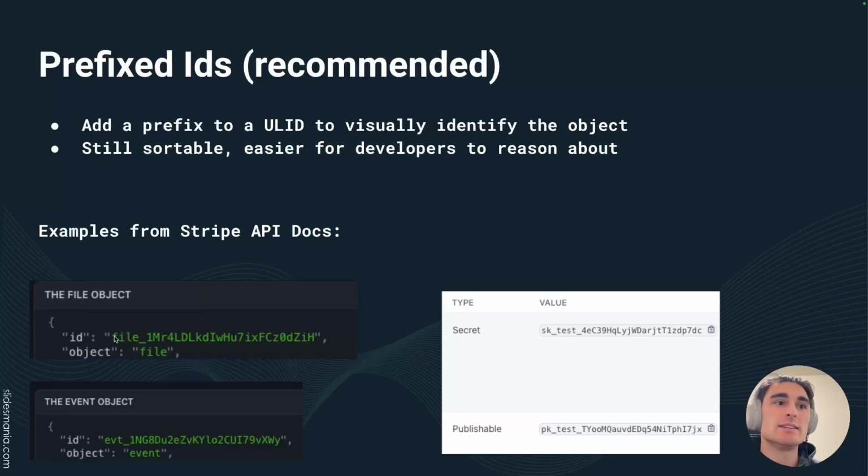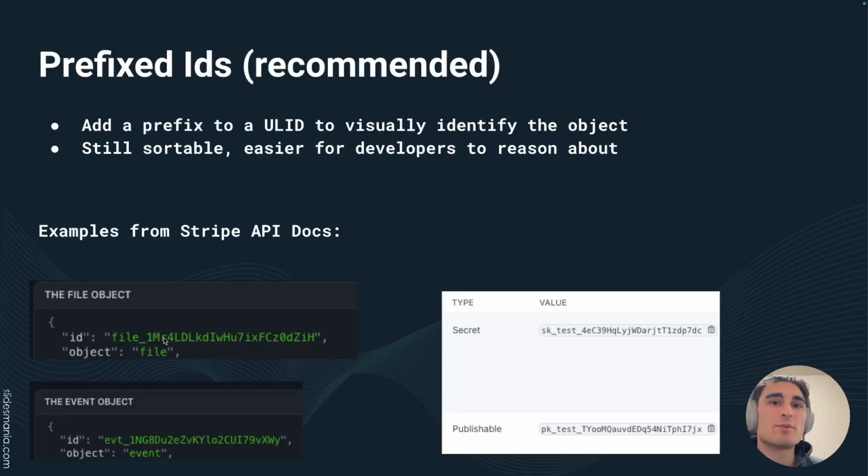For their file IDs, they prefix it with file underscore and then some uniquely generated identifier, which means that you immediately know that it's different from their event object, which starts with EVT and then has their identifier. You can also notice they both start with 1. That's probably indicating that this part is a timestamp and just this N slightly later than this M, which means this event was probably created slightly later than this file.